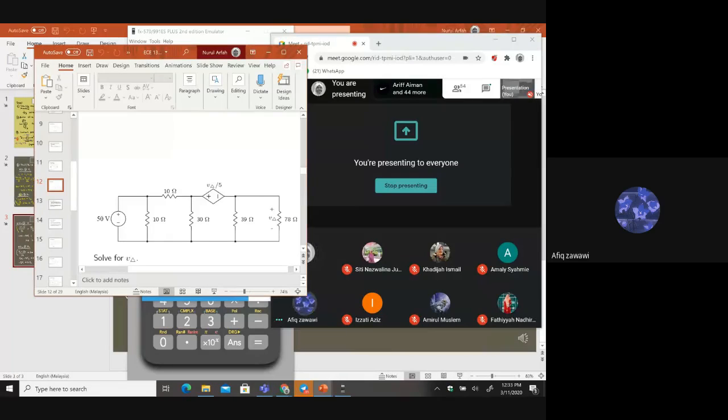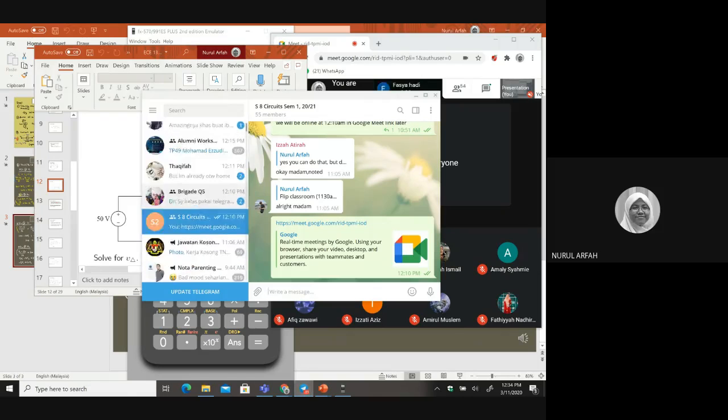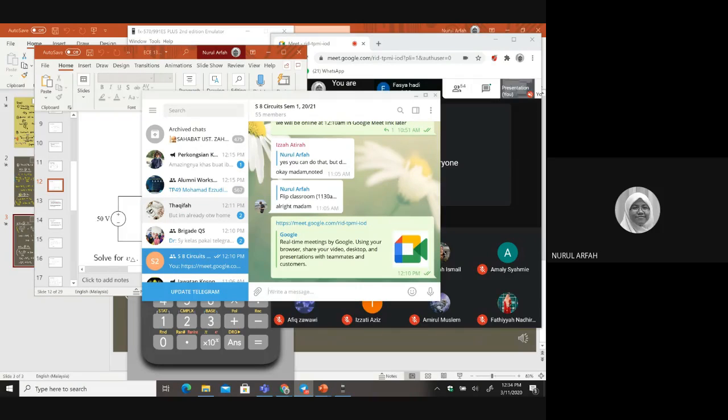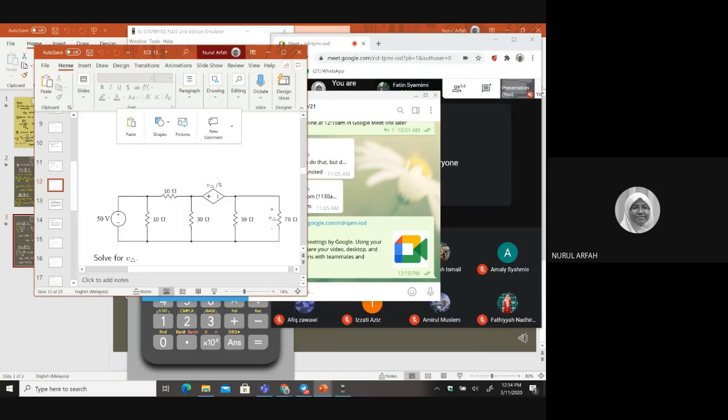Right. Okay, no problem. So anyone who submitted the second part here, or maybe just a little of your calculation, you can snap and then upload. If you found it hard to upload it in the Google Classroom, you just put it in the Telegram group. Anyone here? No? If not, then we go ahead with our answer here.